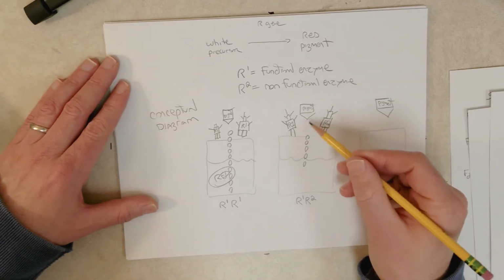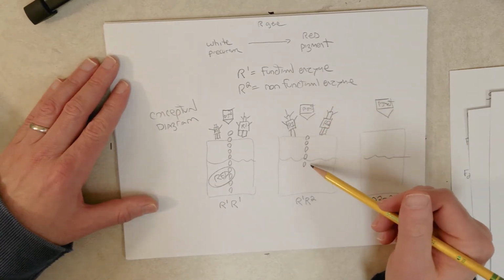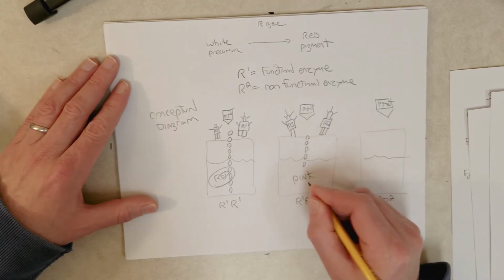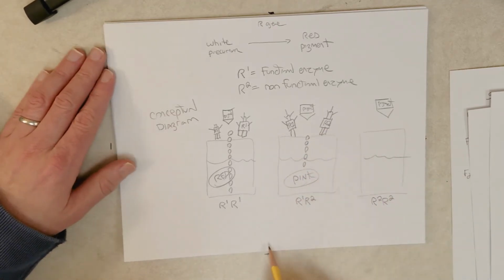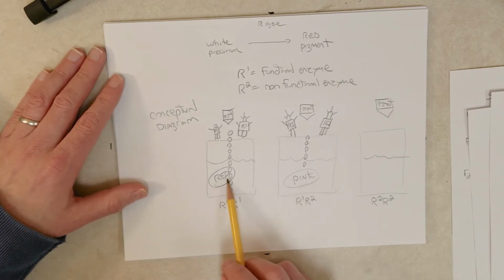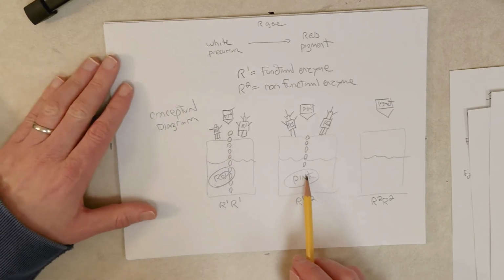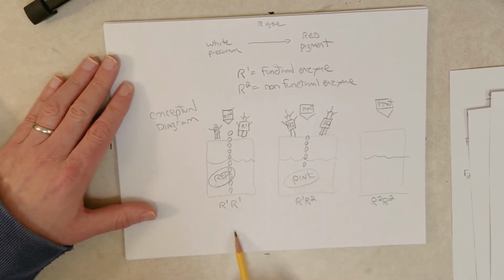It can't add any drops of the red pigment down here. So the color appears pink. Essentially, there's more of the pigment here, giving it the red color, than there is here. So the water appears less red, it looks pink.